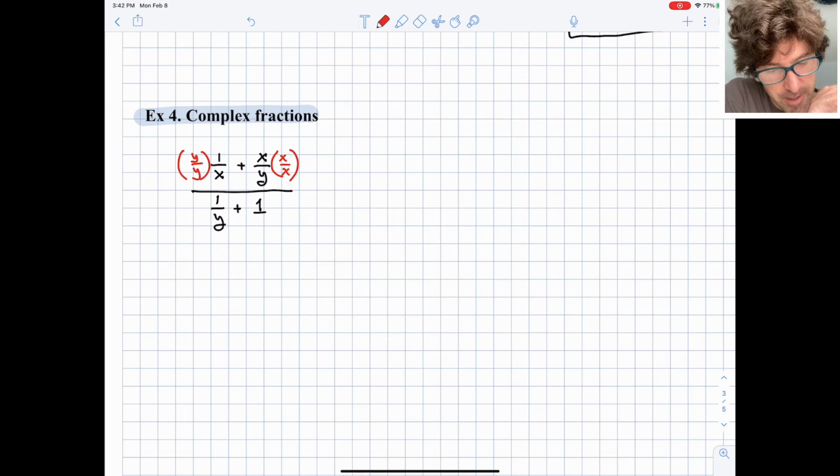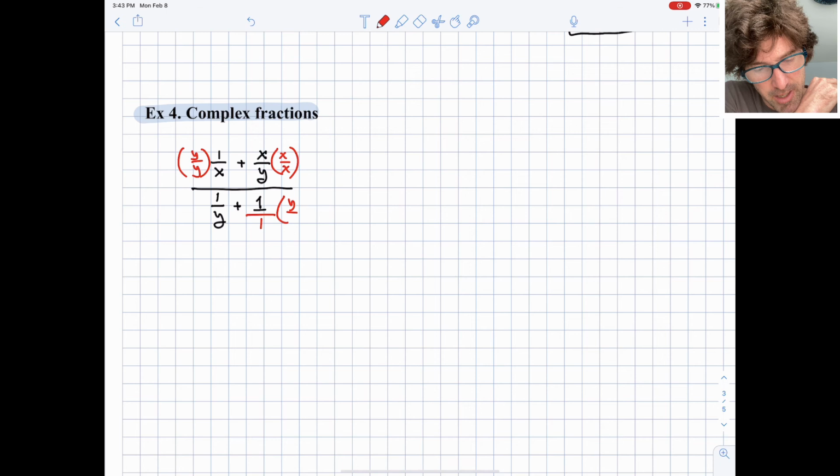Okay, and let's realize that this 1 right there is equal to 1 over 1, right? And so we can multiply the top and bottom of that fraction by y over y to get common denominators. So we're going to have two separate common denominators. Common denominators up top of x times y, and a common denominator down below of just y.